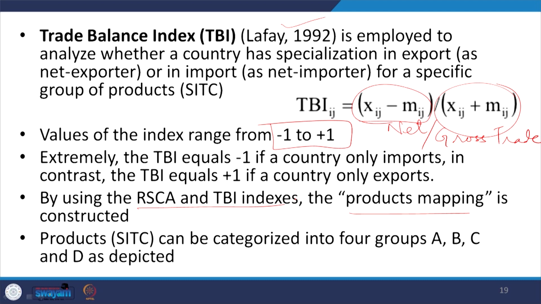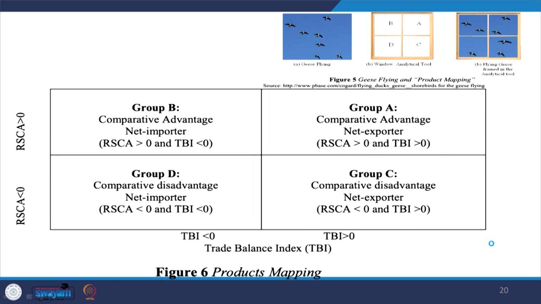So, by taking the two indices together, we can put products into 4 groups, A, B, C, D, presented here. The same example, an imagination made by the author, from where we put it into 4 boxes. Now, look at these first, then this and this.